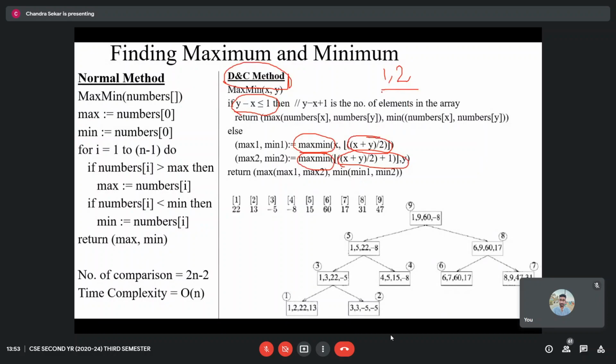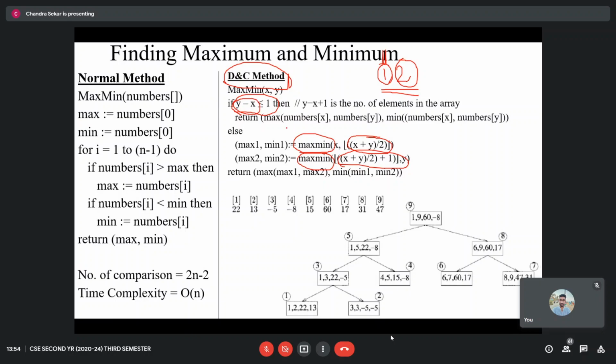Why one element or two elements? If there is only one element in the subproblem, obviously that element will be the max as well as the min. And if there are two elements, one is going to be max and the other one is going to be min. So that is why it is written like y minus x less than or equal to 1.